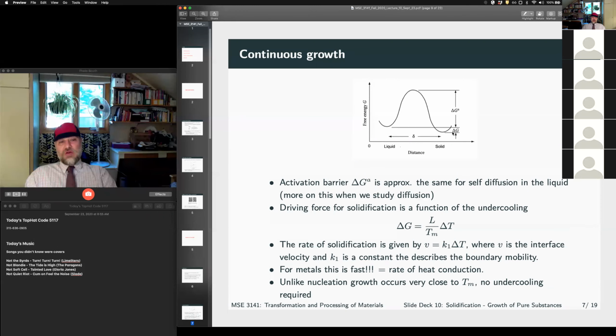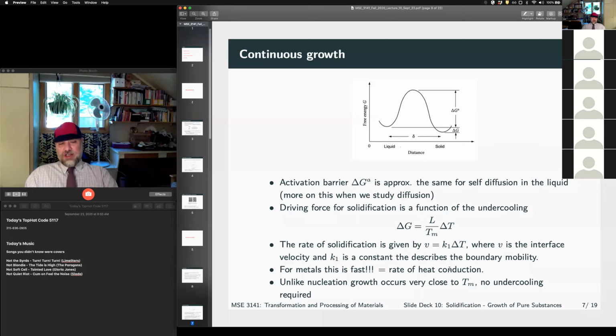And we know that for metals, in particular, the growth process happens very fast, even at relatively low undercoolings, right? So growth can happen at temperatures very close to the melting temperature without any appreciable undercooling needed.